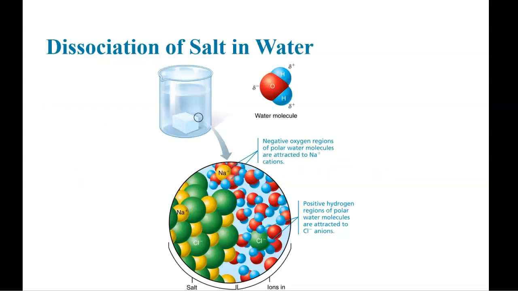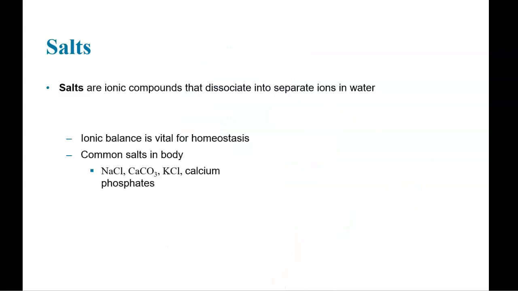So here you can see the dissociation of salt in water. Because salt is an ionic compound, water is very effective at dissolving ionic compounds. And having an ionic balance is vital for maintaining homeostasis.